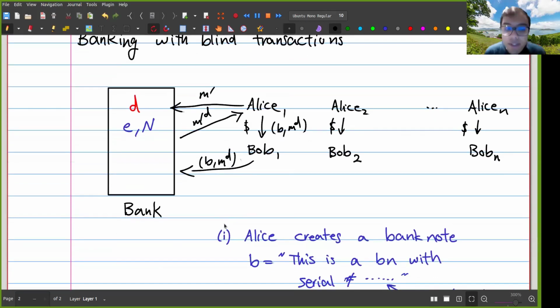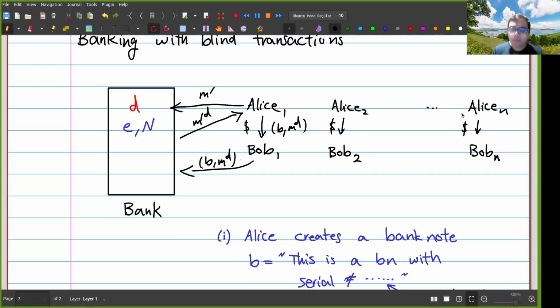Now, at this point, the bank can verify this signature, right? The bank can verify that this is a valid signature on the hash of this banknote. So the bank knows that this is actually a valid banknote that was taken out of the bank at some point, but the bank doesn't know which one of the banknotes it was. The bank doesn't know when Bob is coming here and depositing this banknote, is this the banknote that was taken out by Alice 1 or Alice 2 or Alice N or so on.